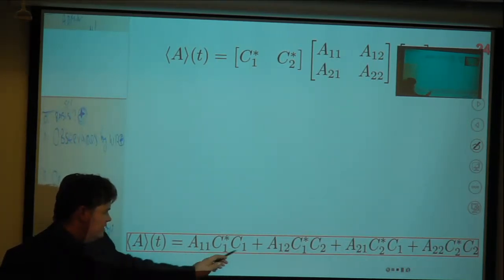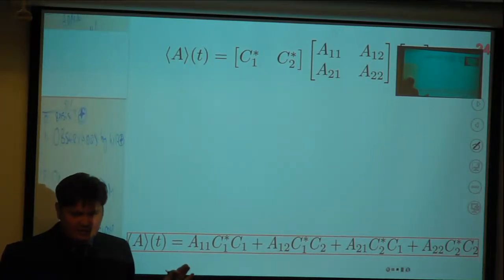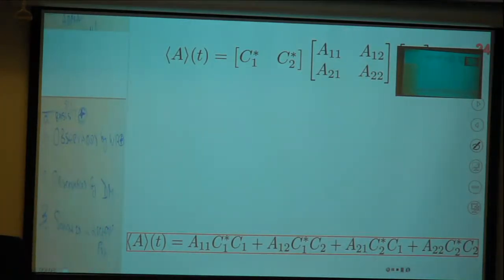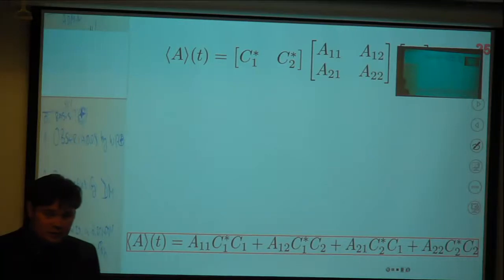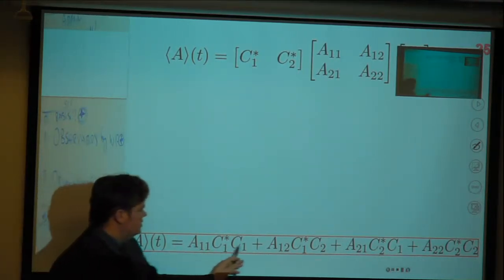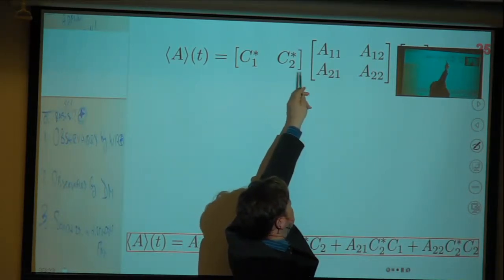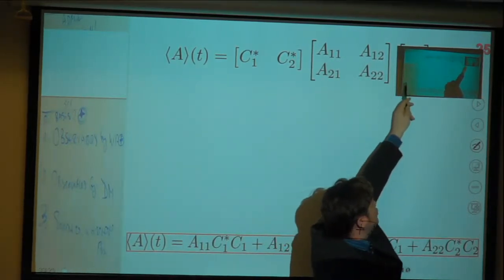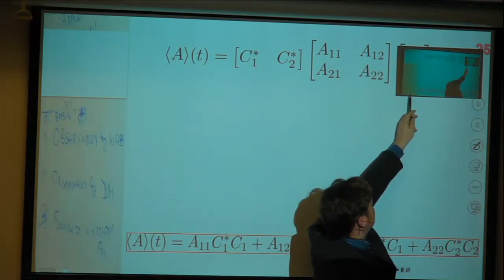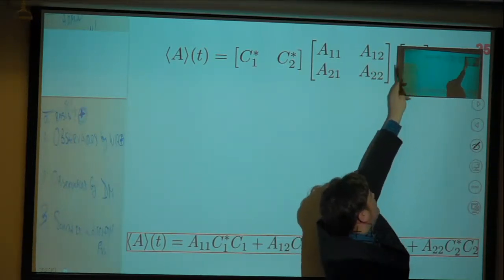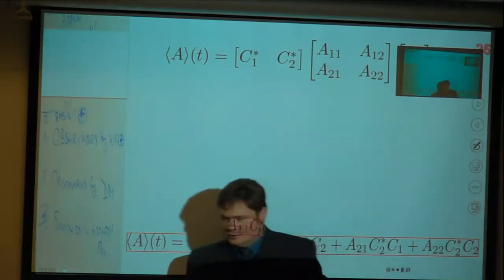Expansion coefficients, matrix elements. Expansion coefficients, matrix elements. Nothing else. It's sufficient for getting the expectation value. And if you have only expansion coefficients and matrix elements, instead of this explicit formulation, we can write it down as row vector times matrix times column vector. It will be C1, C2 column vector.